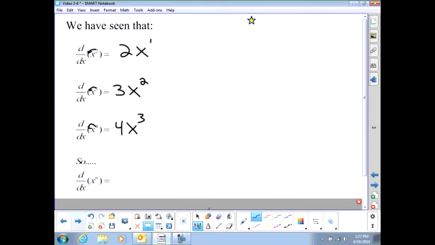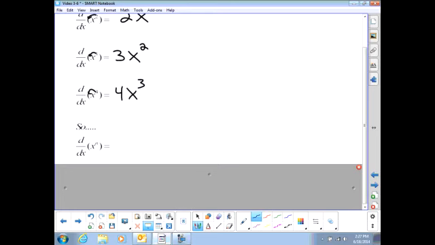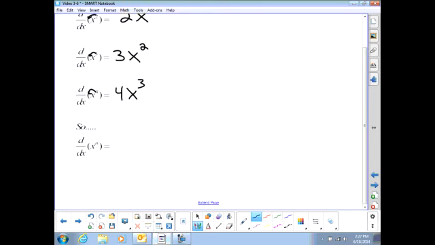So in general, if you have x to the n and want the derivative, the n should multiply the 1 that's out front, so we'll have n times x, and our exponent needs to go down 1. So we'll now be raised to the n minus 1. And that's for any polynomial that you might be taking the derivative of.